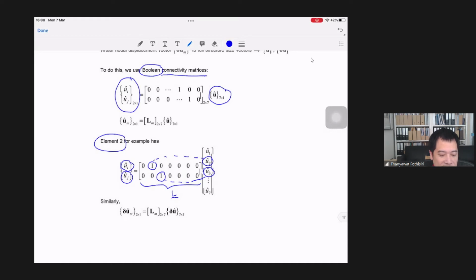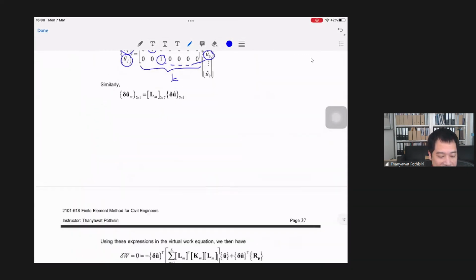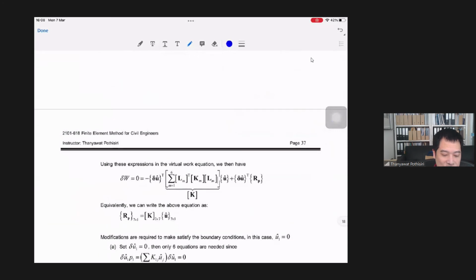You can write this connectivity matrix for each of the elements, and based on it, you would be able to obtain this kind of equation. The same connectivity matrix can also be applied for the virtual nodal displacement as well.